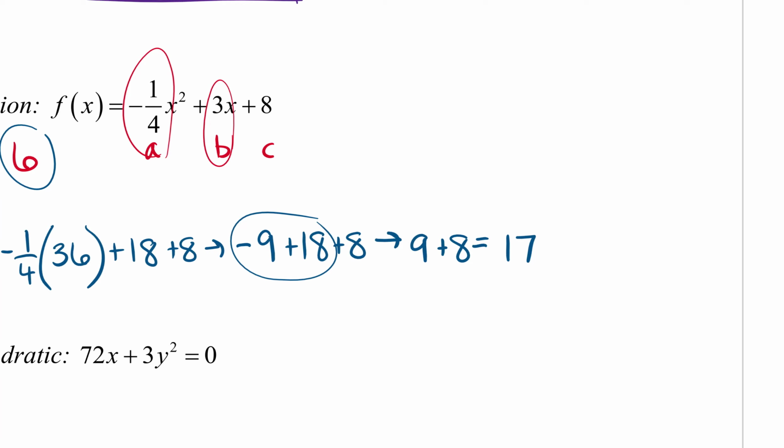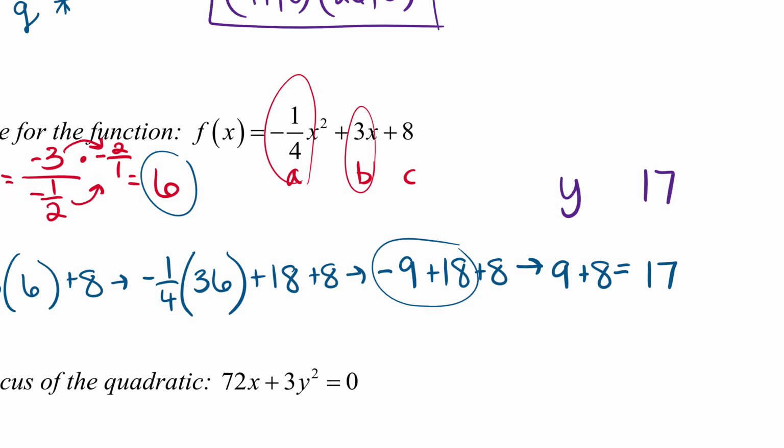So for my answer, I have to be careful. I know it's a y because it's a range, right? Range is always y. And I know it's 17. I just have to know, am I going up or down? Is it greater than or is it less than? So the way I would find that out is I look at my a. Is my a positive or negative?